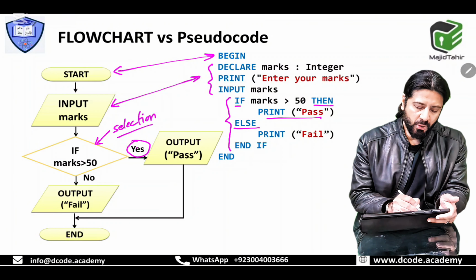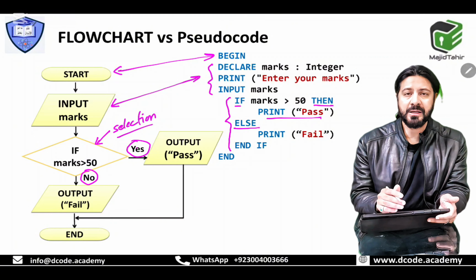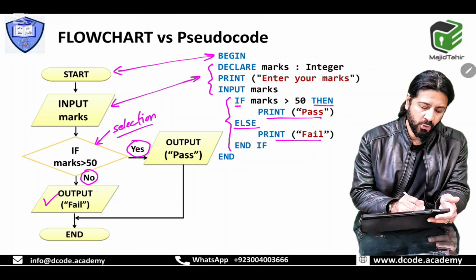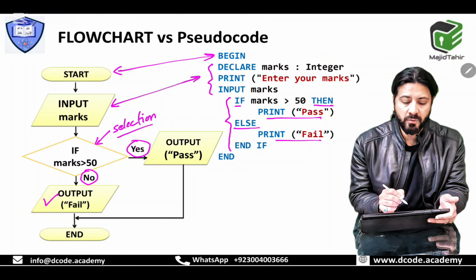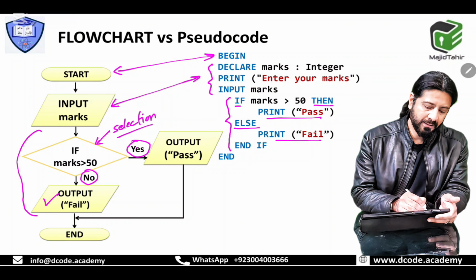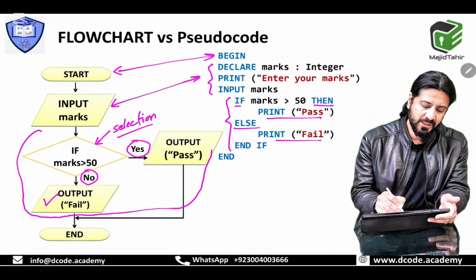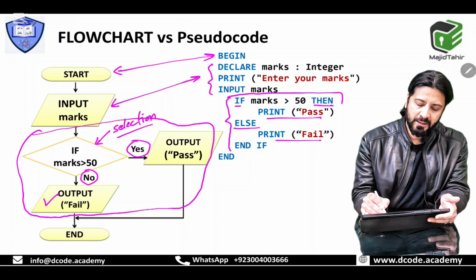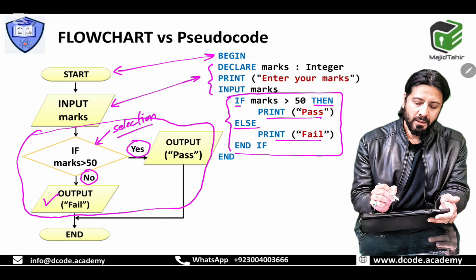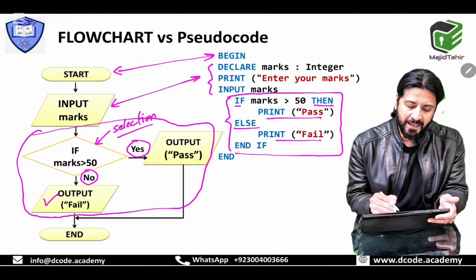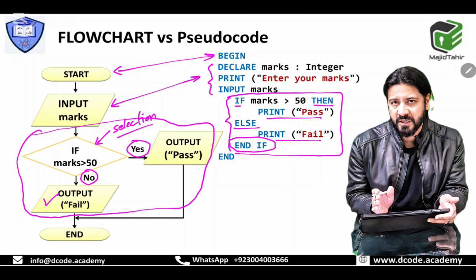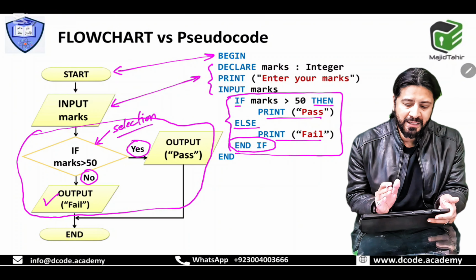Else is the portion of no. If marks are not greater than 50, then it will display fail, which is going to be over here in this parallelogram. So this whole complete selection statement over here is this one over here in the pseudocode. Now pseudocode has to end with an end if statement. This is very important that whenever you open an if statement, it has to have an end if statement.